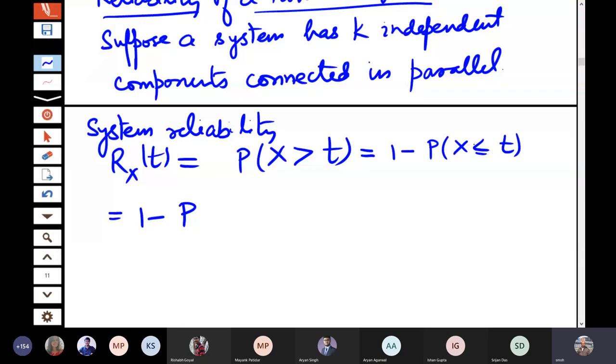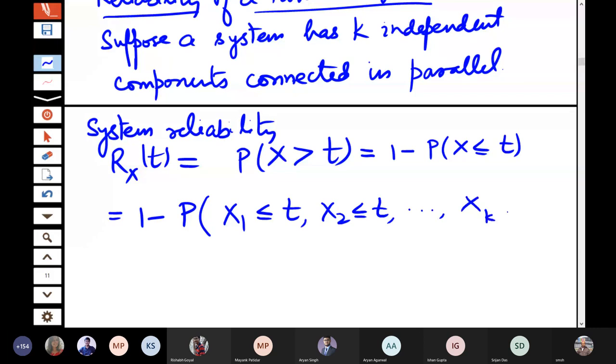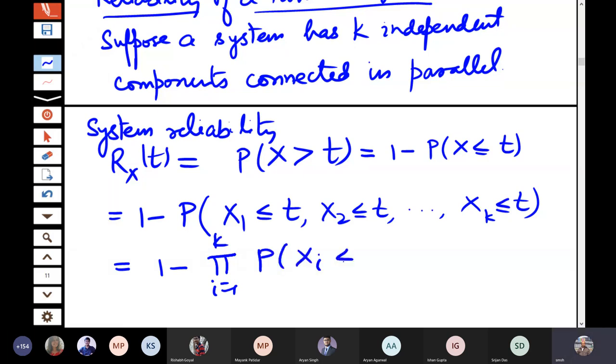So the system will fail in a parallel system if each of them has failed. For example, it will fail if my laptop is failing, my desktop is failing, and my mobile is also failing. Now if the components are independent, then it becomes the product of the probabilities.